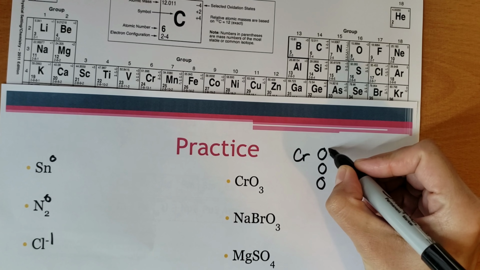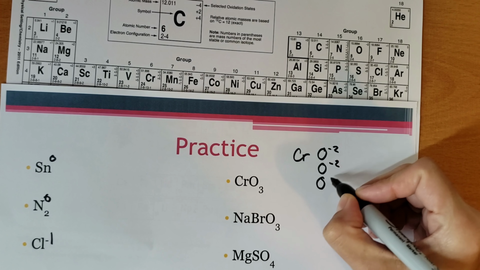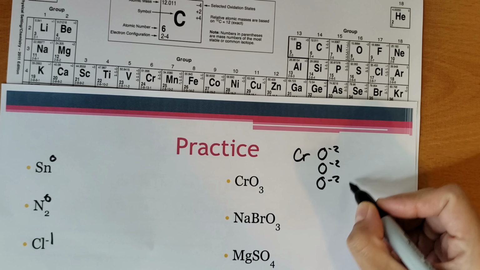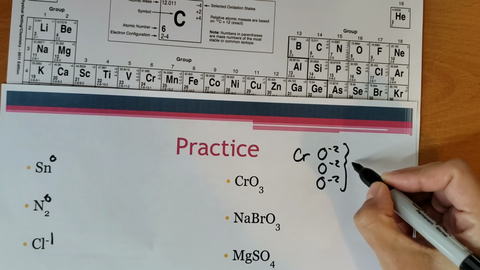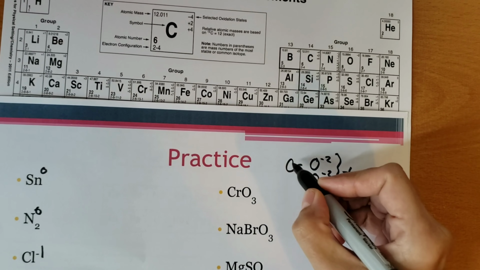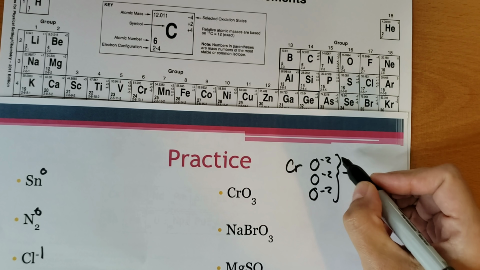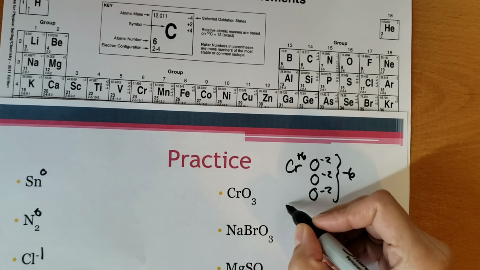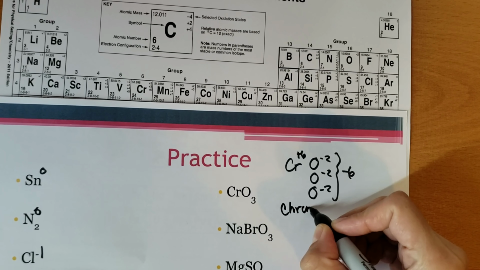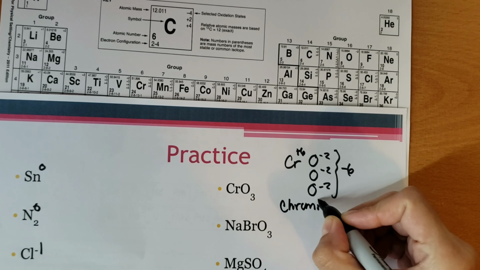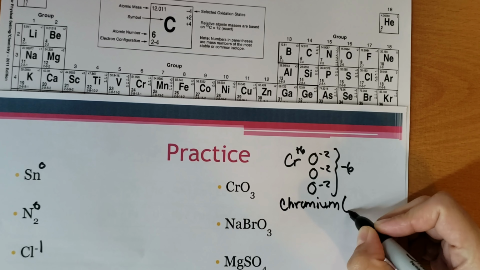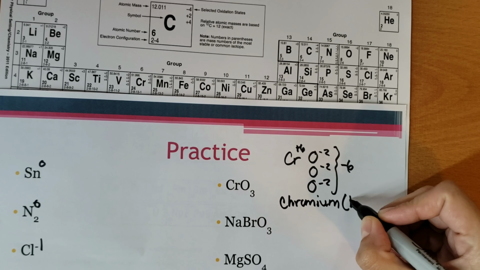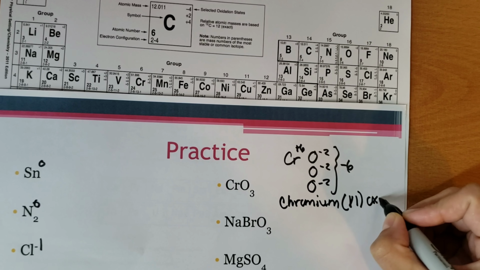Each oxygen has a -2 charge. So that means that this total charge is -6. So the chromium must have a charge of +6. This species is called chromium(VI) oxide.